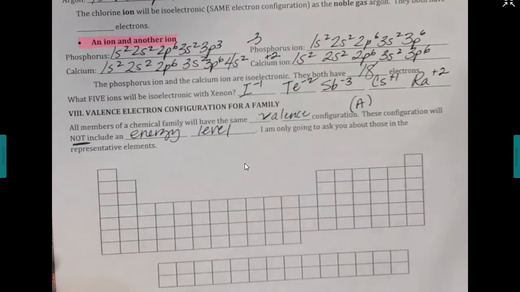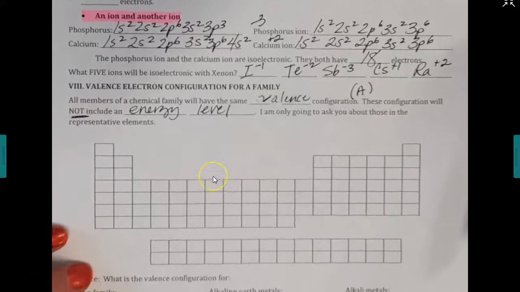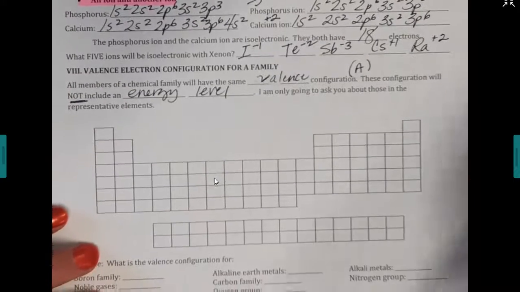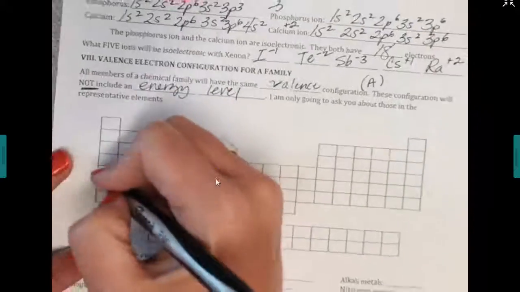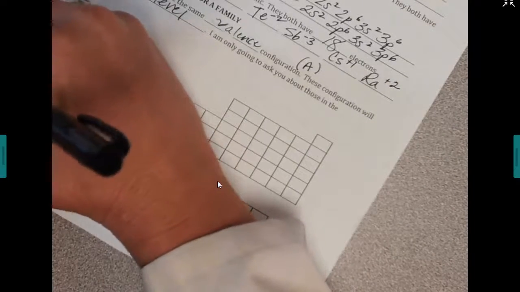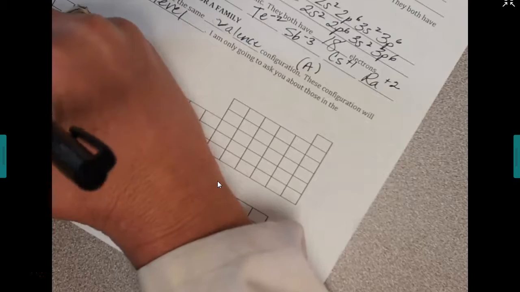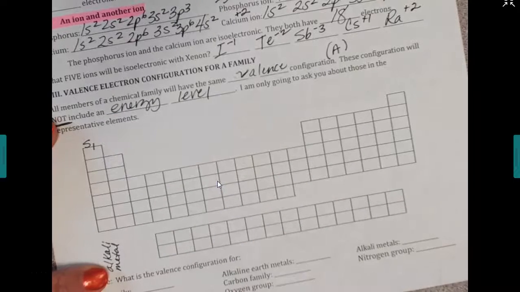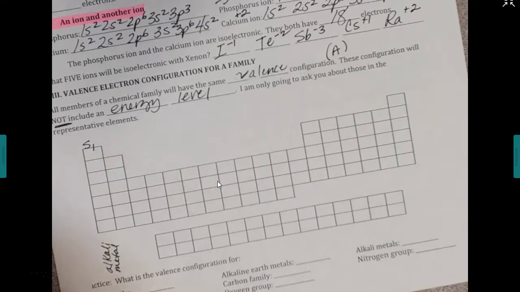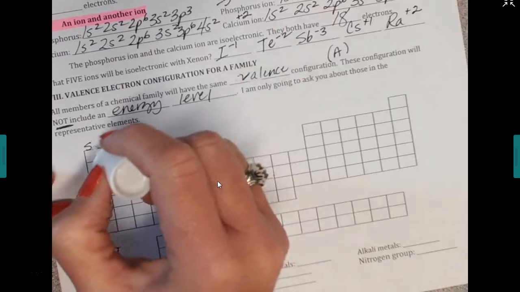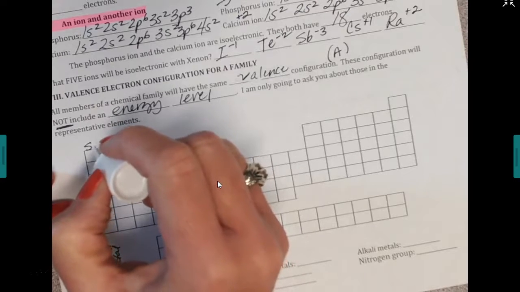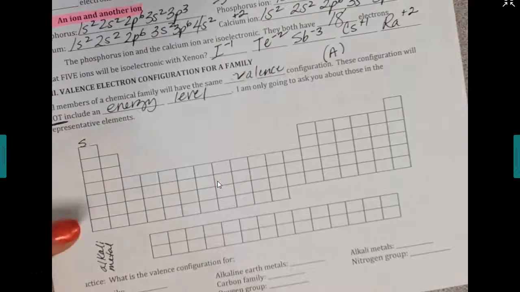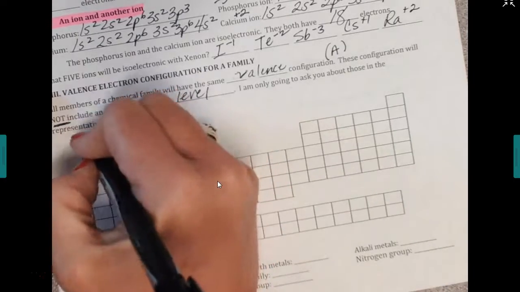I'm only going to ask you about those in the representative elements. So, we know that this group here is the alkali metals, and they are s1. Whoops, I meant to put that as a superscript. s1. So this would be an s1.